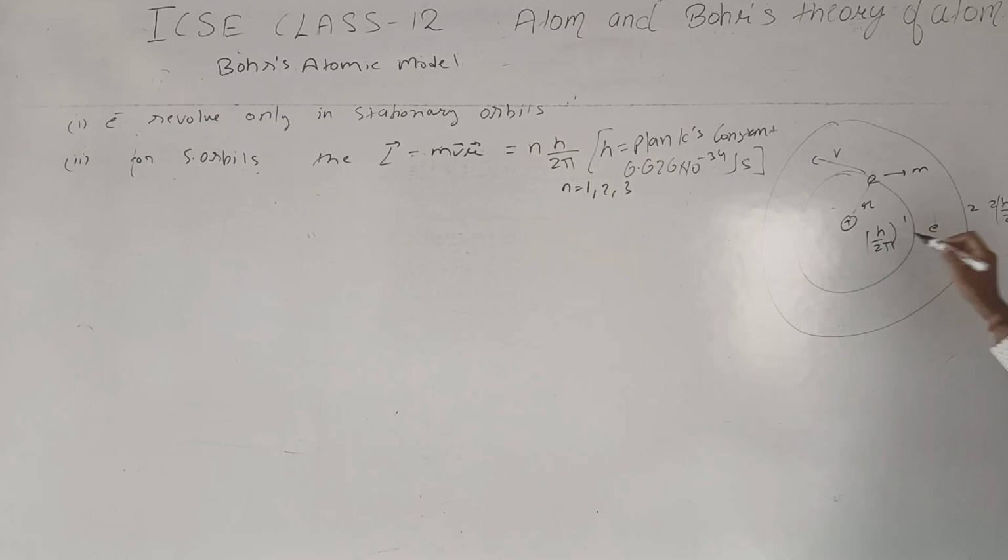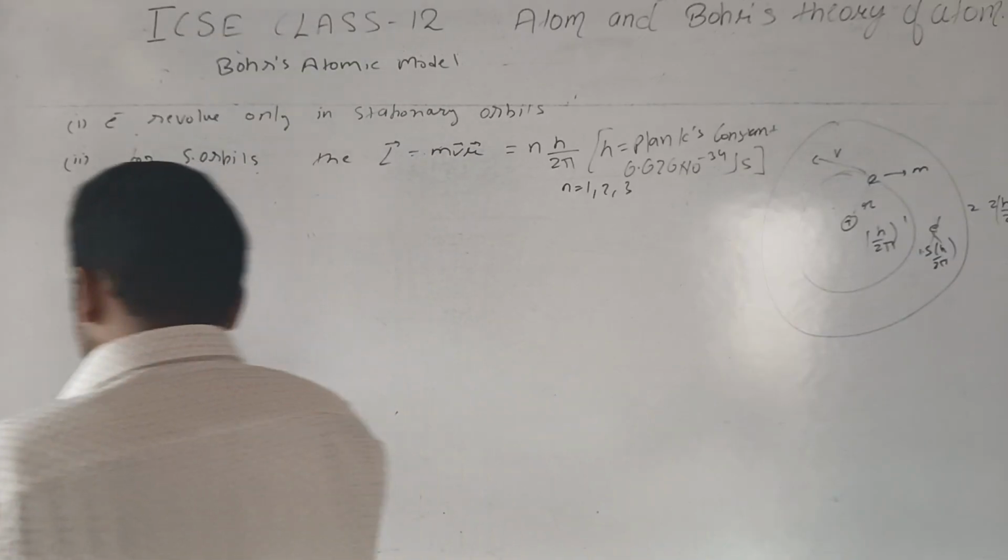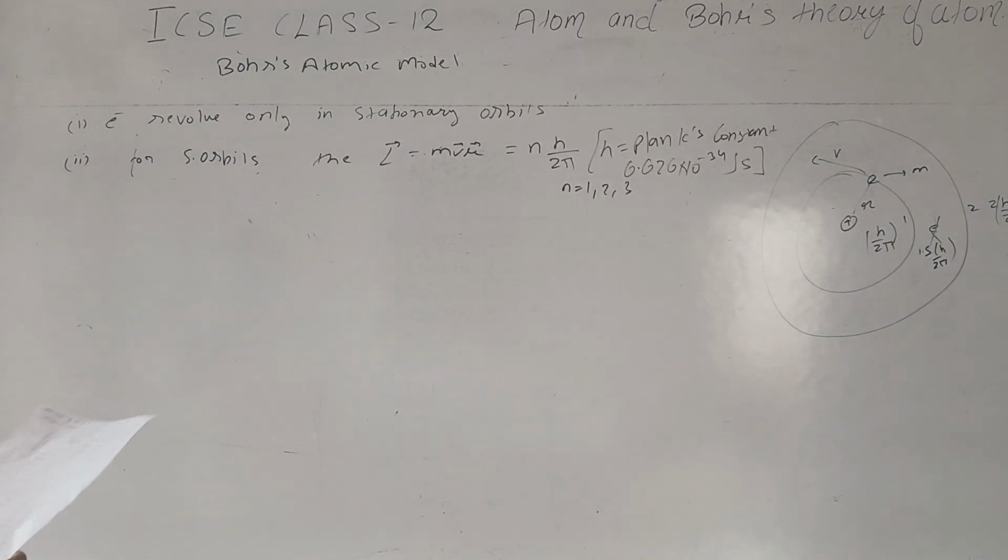In between, the angular momentum would be around 1.5 times h by 2 pi, but this is not allowed. Only the integral multiple is allowed, where n can be 1, 2 or 3.